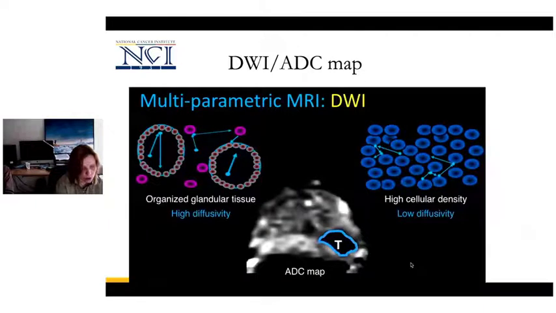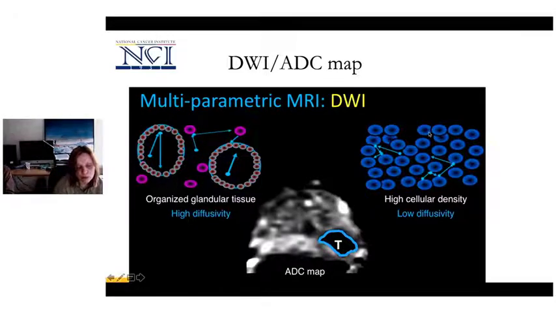to Gleason score. How do we get these diffusion images, and what does it mean? This is maybe not for radiologists, but for others to understand. It means how water is moving around cells: water diffusion. When we have normal tissue, water moves freely.